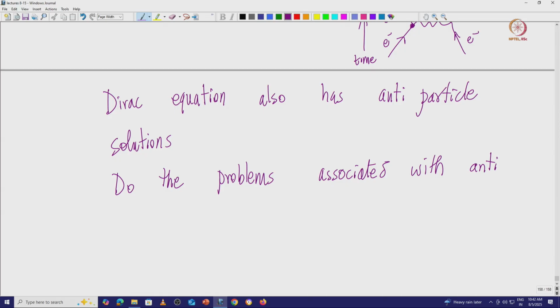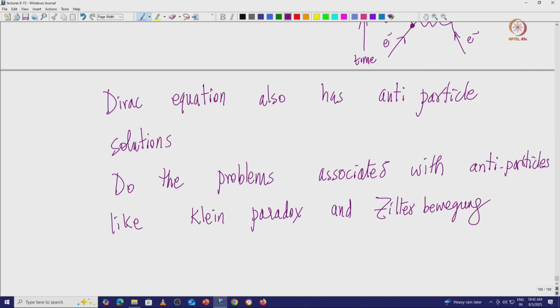Antiparticles. We have seen both these features, the Klein paradox and Zitterbewegung. Do they exist in Dirac theory? And the answer is a resounding yes.